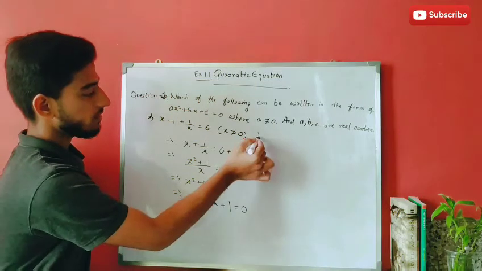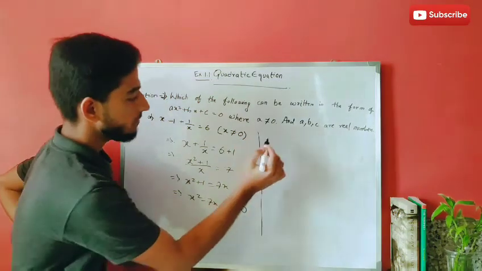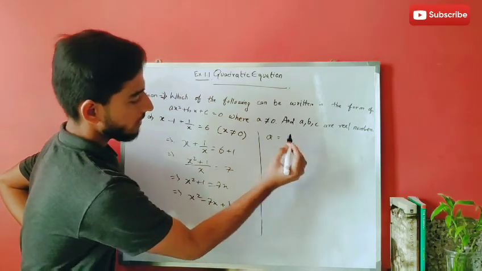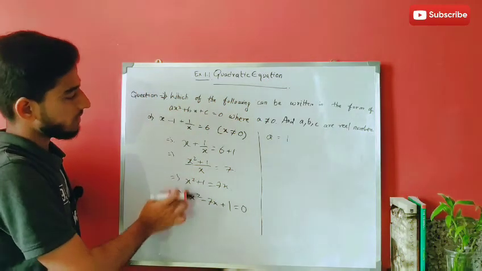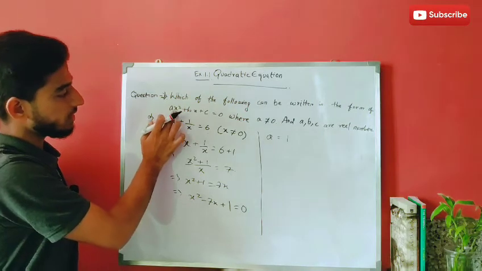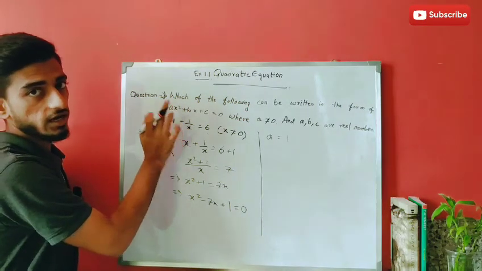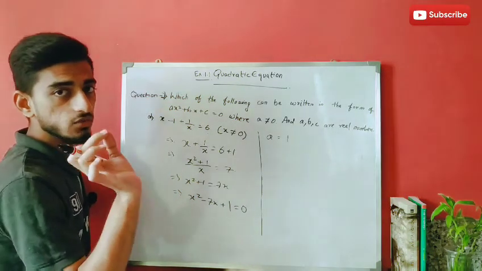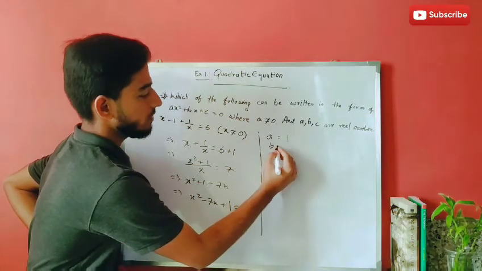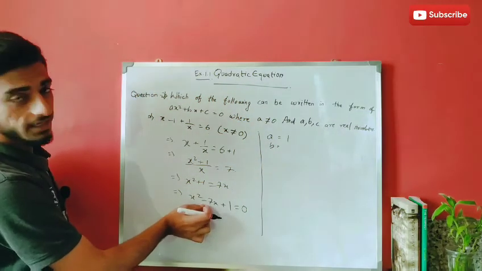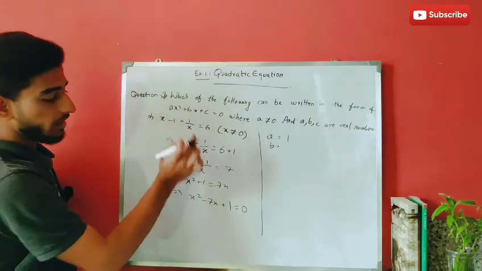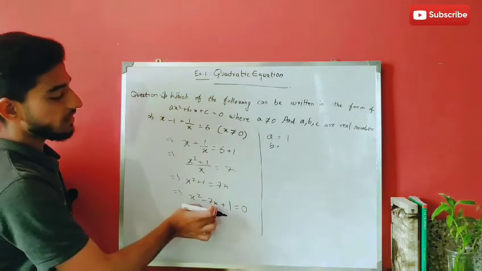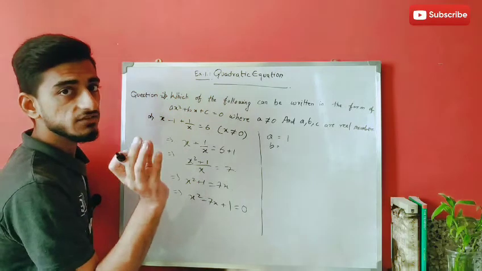Now we can write what our a, b and c are. Our a is 1, because no number is written, so a is 1. It is attached with x square. Any number which is multiplied with x square is a. So 1 is multiplied with x square, so a is equal to 1. Your b is minus 7, because b is the number attached with x, which is multiplied with x.